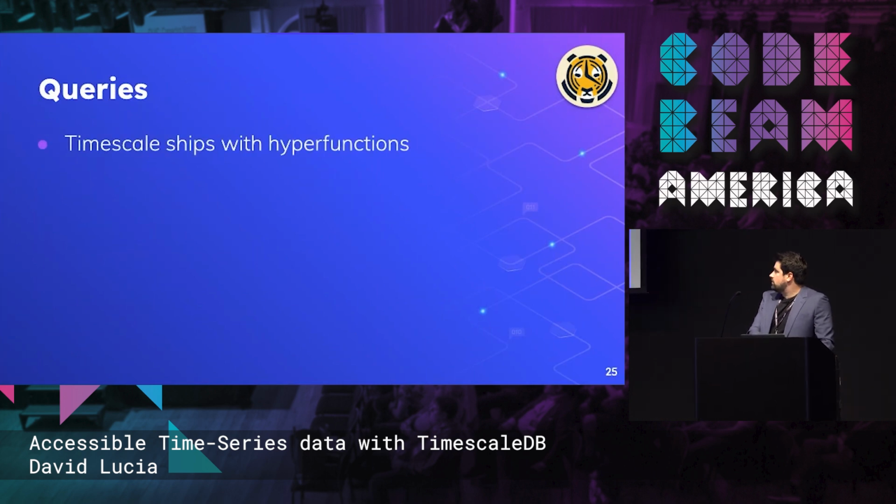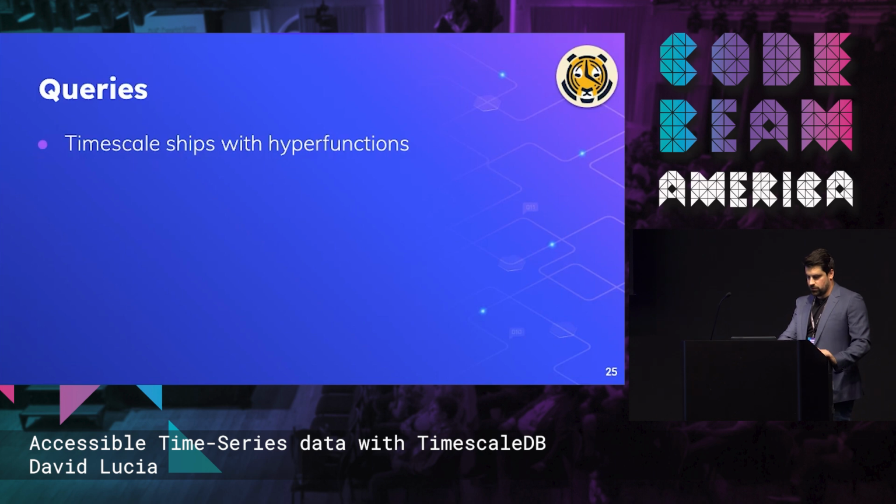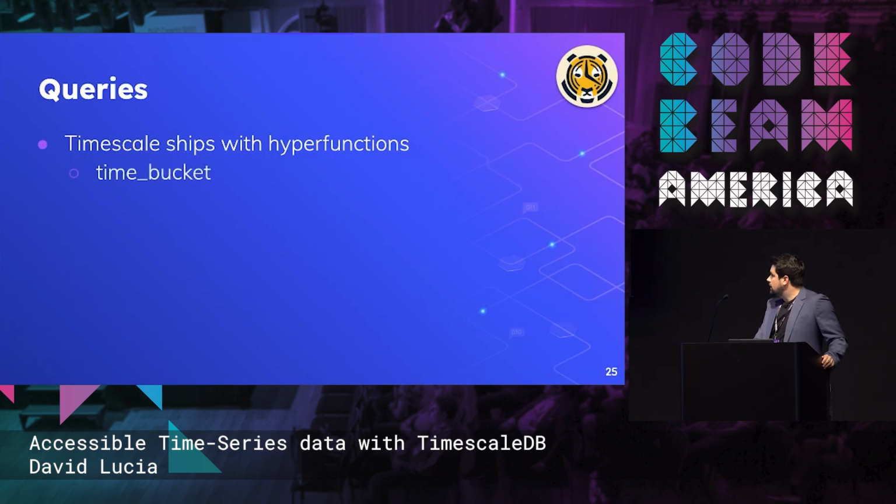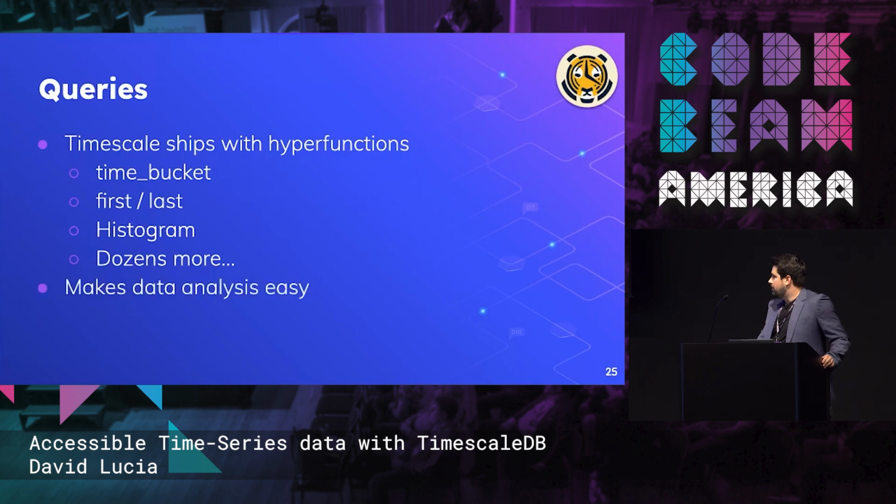Now, Timescale ships with something called a hyperfunction, which is a SQL extension. You're going to get functions like time bucket, first and last, histogram, and dozens of other really interesting features. And this makes data analysis easy. So I think a typical pattern might be, if you're not using Timescale, you'll query a bunch of data, shove it into something like, I don't know, pandas, some data frame library, and do all of your data analysis inside the application code.